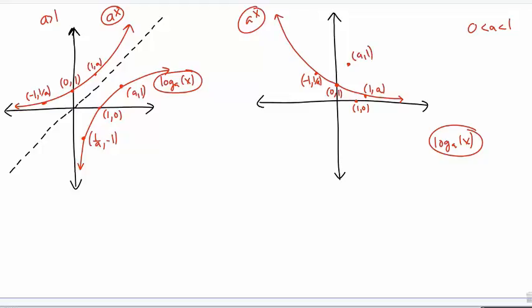And we have 1 over a, minus 1, which will now be over here. Again, the graphs are symmetric about the line y equals x. So in general, the graph of log base a of x here will look like this.